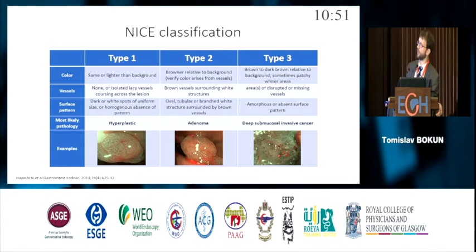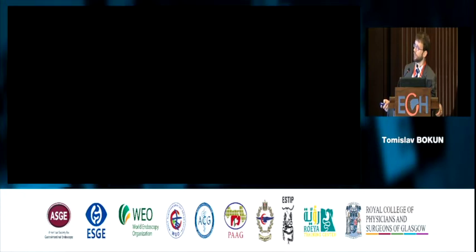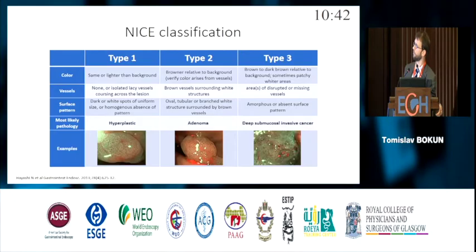In this classification, we look at the color, vessels, and surface pattern, and according to these three features, we speak about hyperplastic, type 1 lesions. Then we speak about adenoma, the type 2 lesion, and deep submucosal invasive cancer, that's type 3 lesion.